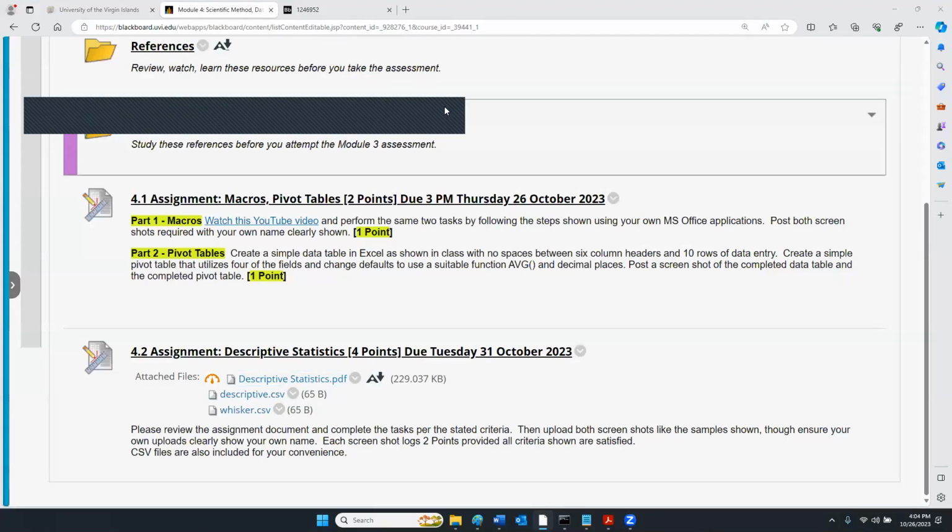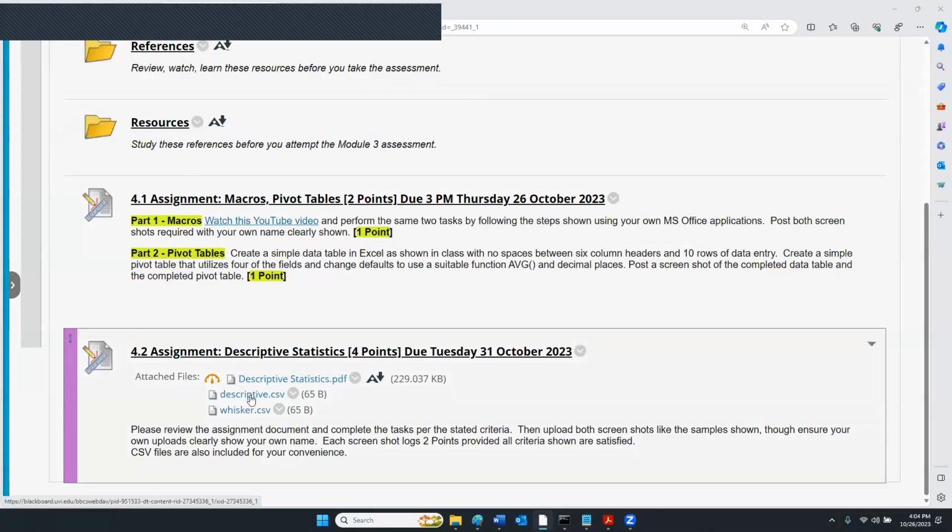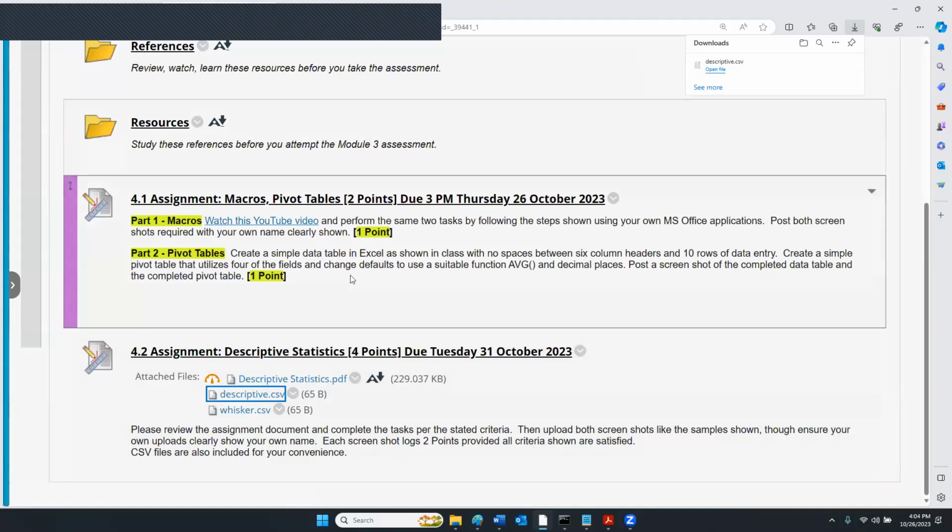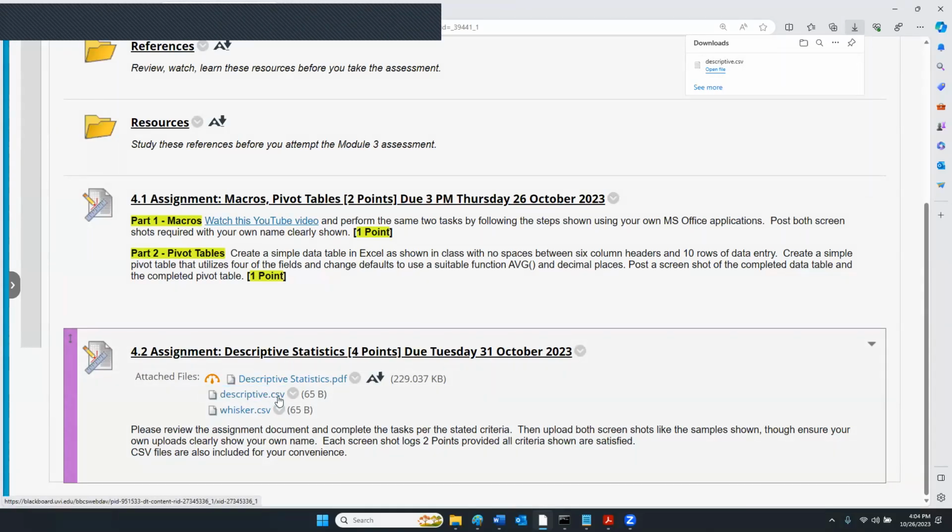On the assignment itself, I actually give you the data to use. Can you see the descriptive data here? You see where it says descriptive CSV and then Whisker CSV?